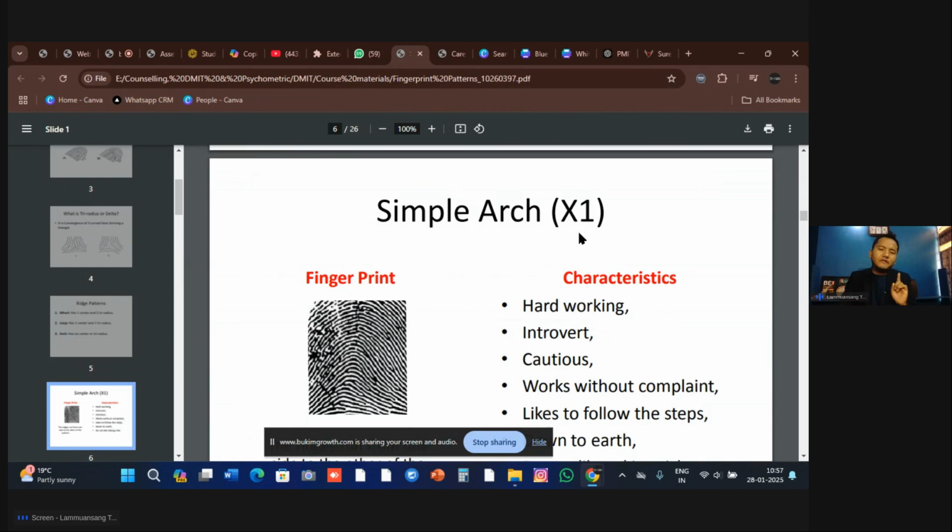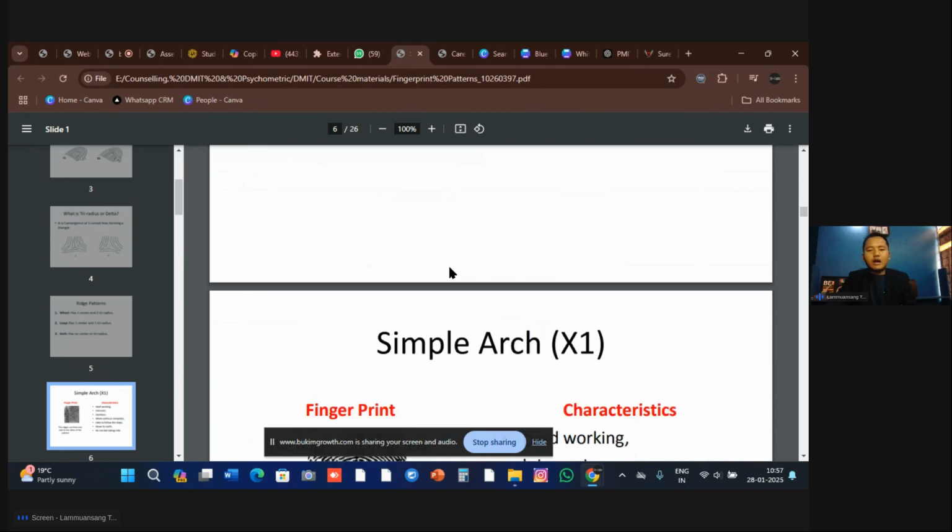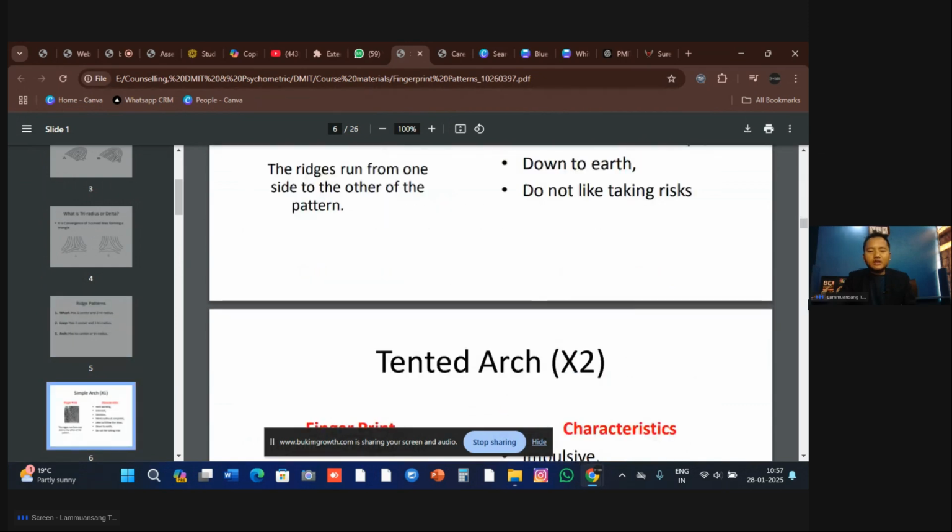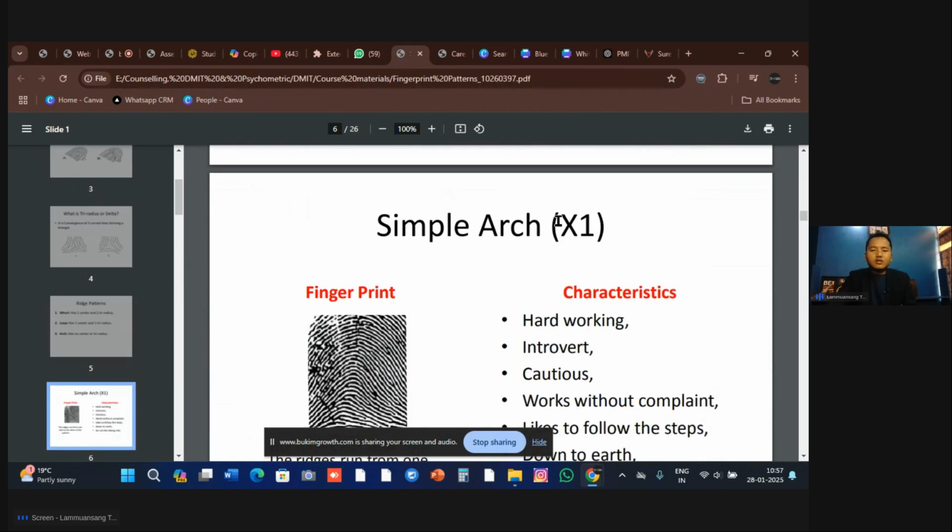Don't do it alone. If you do it alone, you will make many mistakes and your report will not be accurate. So don't be too confident. Just ask me, WhatsApp me. Just try to remember this code. Even I don't fully learn by heart all these simple arcs and names, like tented arc. I just focus on the code and the picture.